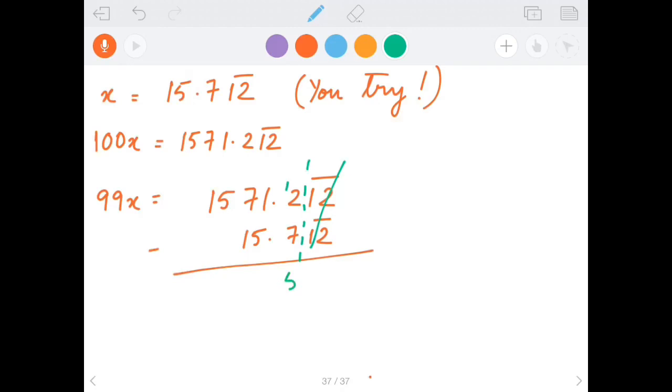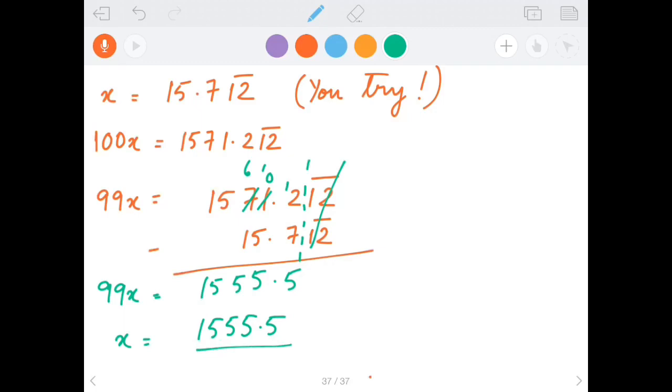So that is going to give me a 5. Then this side will give me a 1555.5. So I have 99x equal to that. So x becomes equal to 155.5 divided by 99. As usual, I'm going to move out 1 decimal place. I'm going to put a 0.